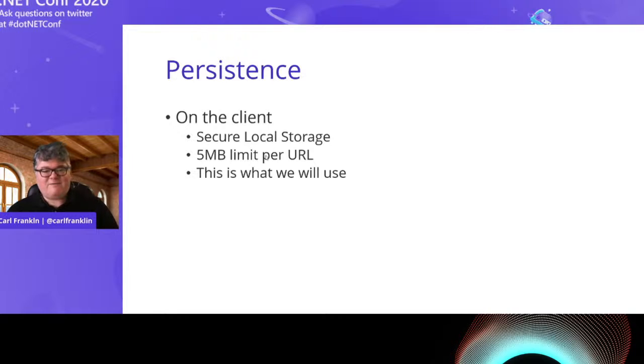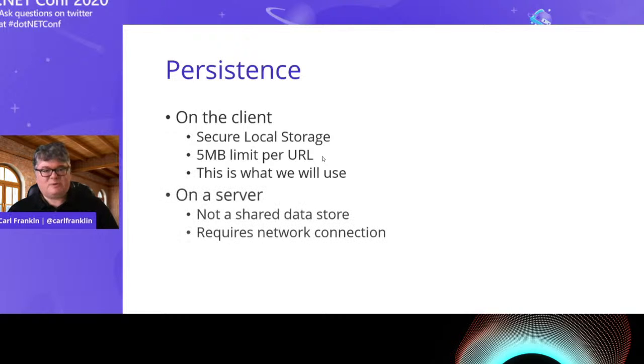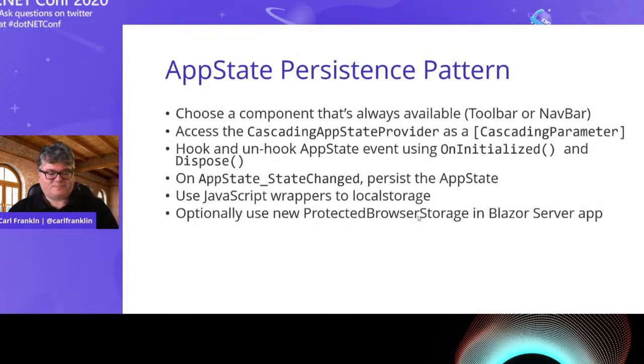You get a limit of 5 megabytes of data per URL with local storage. And this is what we're going to use. On a server, of course, you don't want to use a shared data store, but you certainly can persist it to a database. The downside is it requires a network connection.